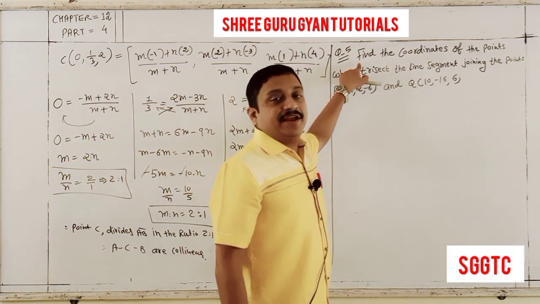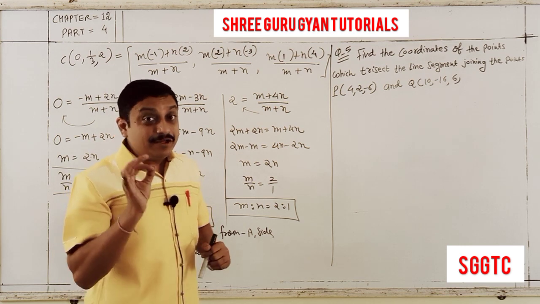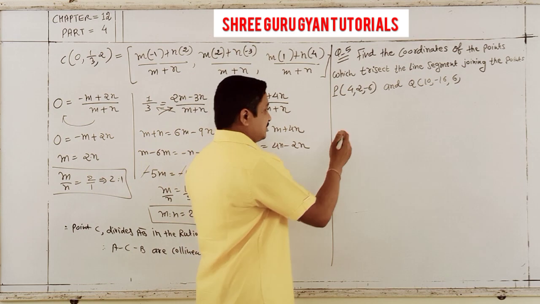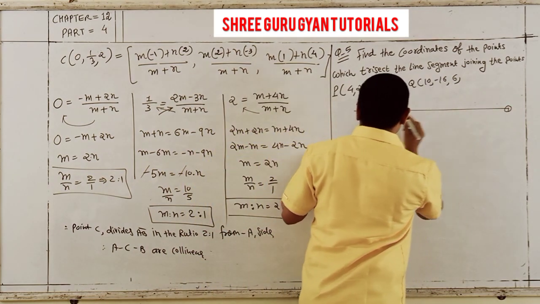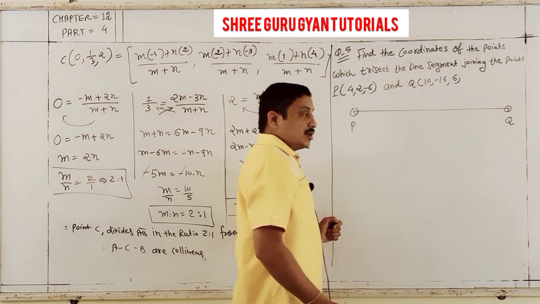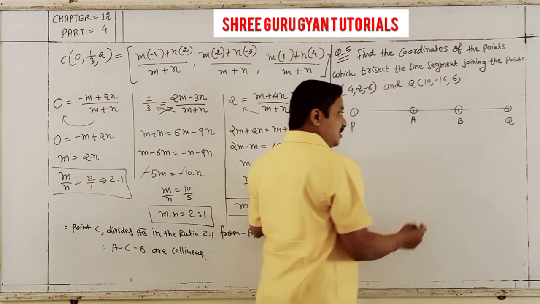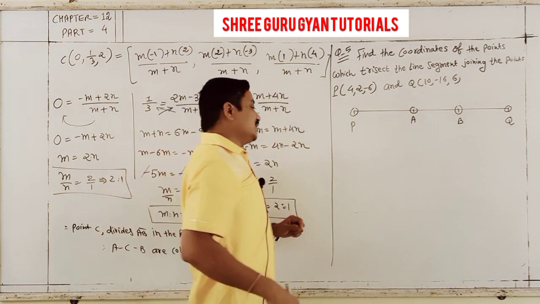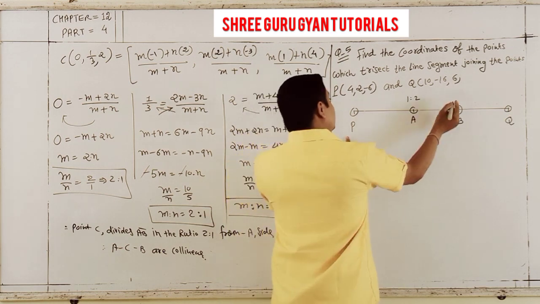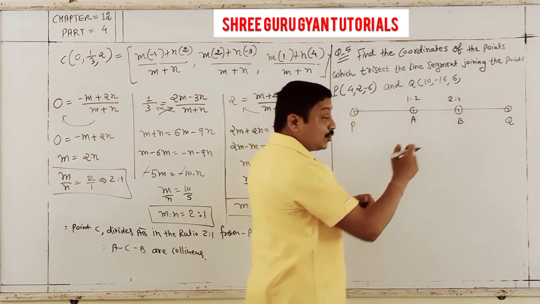In question number 5, find the coordinates of the trisection points dividing the segment joining P and Q. So trisection means we will take 2 points in between P and Q, at equal distances. So this ratio is considered: this side is 1, back side 2. Same here, students: P to B is 2 and B to Q is 1.